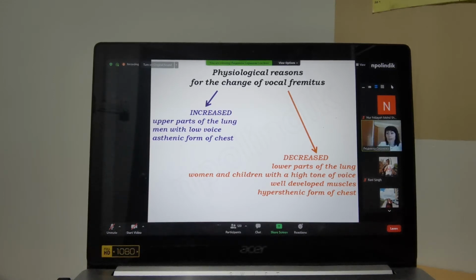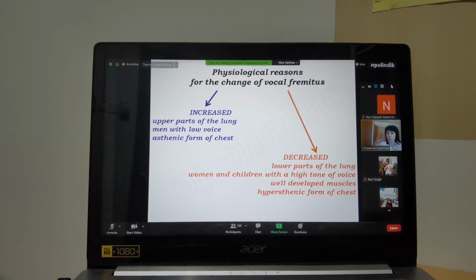The degree of transmission depends on the thickness of the chest wall. So if the patient has an asthenic form of the chest, the sound can be transmitted better. So you can feel increased vocal fremitus. Also, physiologically, in the upper part of the chest the vibration is more prominent, like this, in comparison with the lower part of the chest in healthy persons.